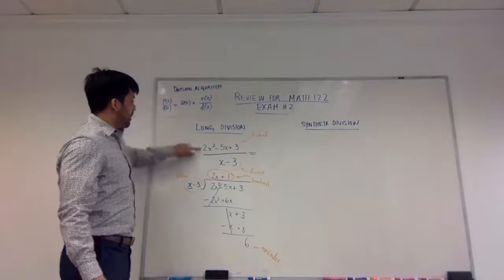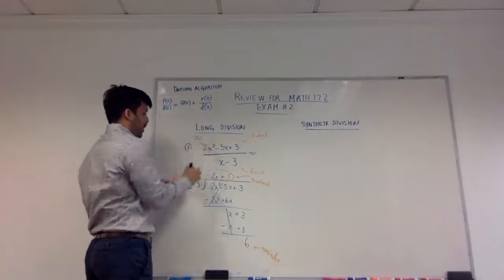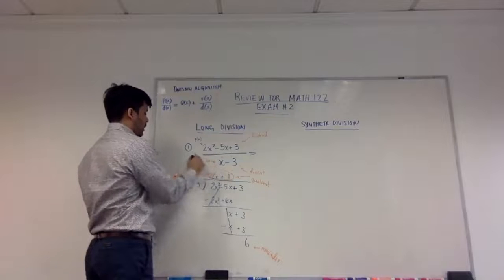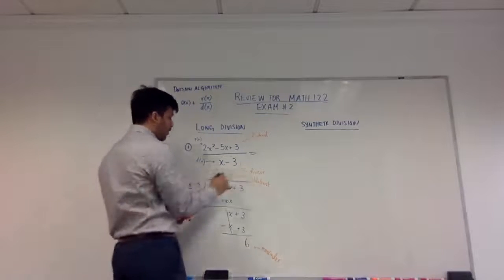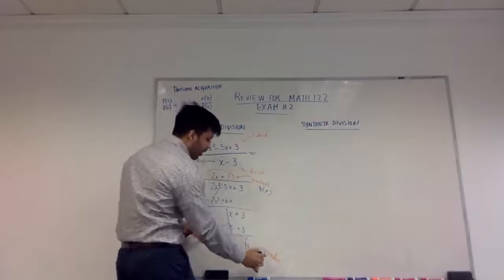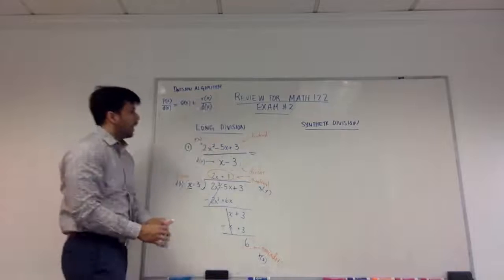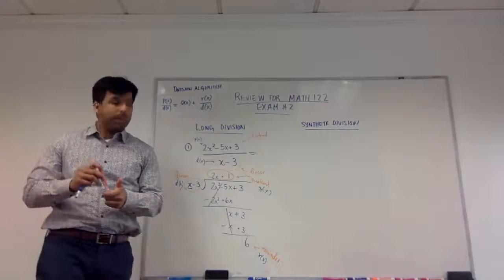This is my p of x. This is my d of x, which represents the divisor. This is my quotient, q of x. And this is my remainder, r of x. Now all I have to do is plug it in accordingly to this little algorithm that we have.